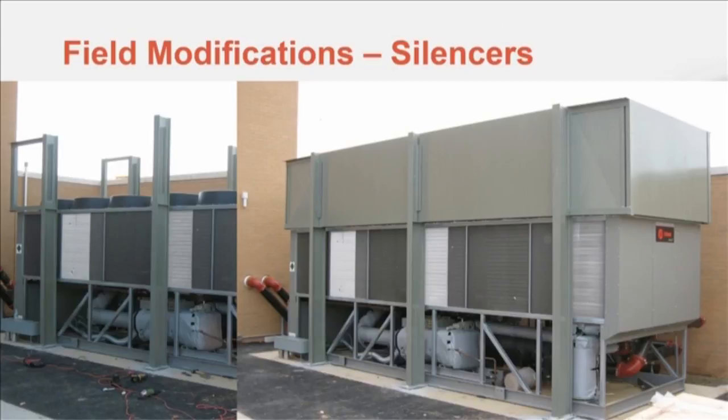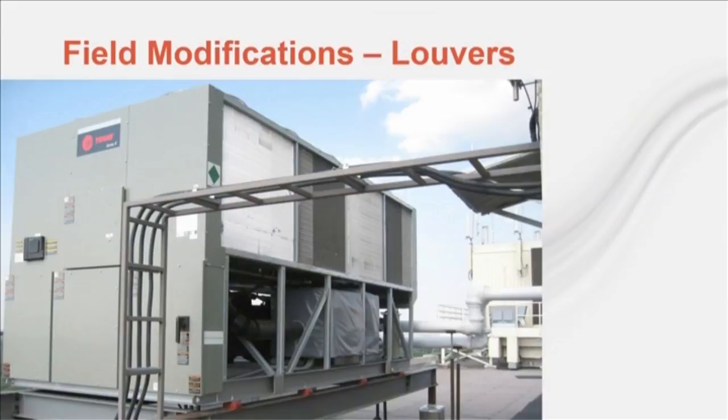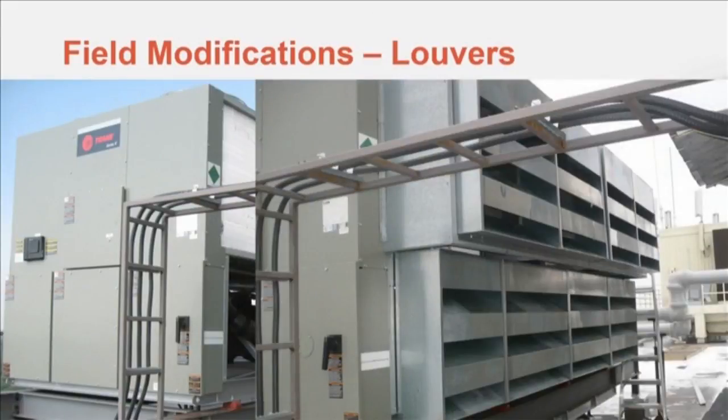Finally, the addition of the silencers may affect equipment performance. If airflow is restricted, to quiet the downward radiated sound, it's also necessary to add attenuation to both the open area around the bottom of the unit and the coil surfaces. Here's a unit that has louvers installed.